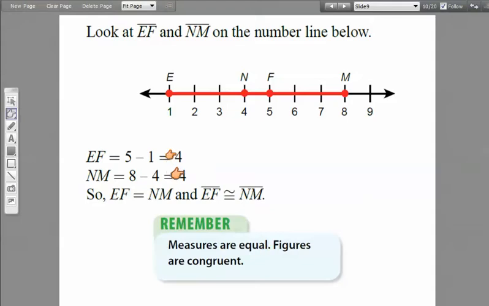So 4 equals 4, but segment EF is congruent to segment NM. Okay? You don't ever say 4 is congruent to 4. You always say 4 is equal to 4. And when you're talking about the actual figures, they're always going to be congruent, not equal.